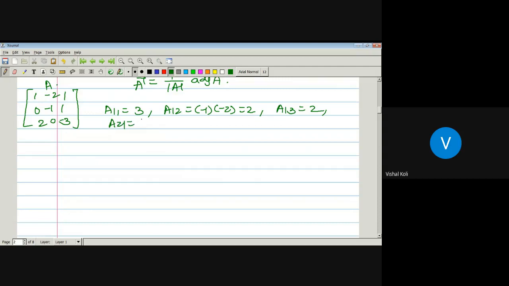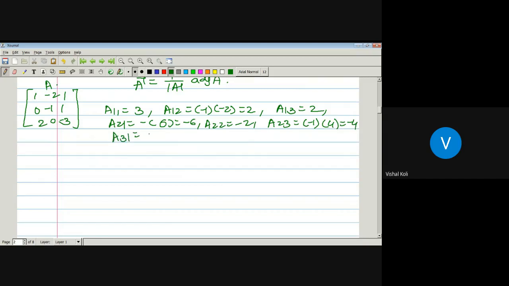A21 is equal to minus 1 to the power 3, minus 1 into minus 2 into 3, 6, which is minus of 6. A22 is equal to minus 1 to the power 4, which is plus 1 into 0 minus 2, which is minus 2. A23 is equal to minus 1 to the power 5, which is minus 1 into 0 minus of minus plus 4, which is minus 4.